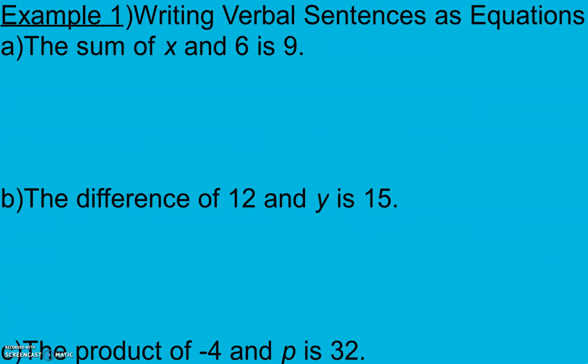So here we're going to start off with verbal sentences and put them into equations, which are just mathematical sentences. Sum means we're going to add. The sum of x and 6 is 9. "Is" is a math word that means equals. So x plus 6 equals 9.